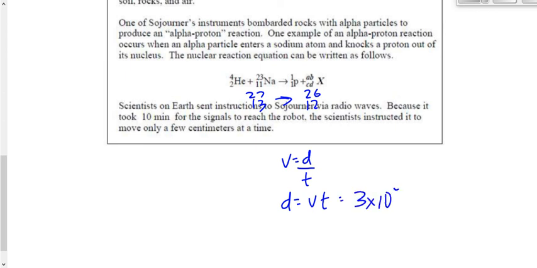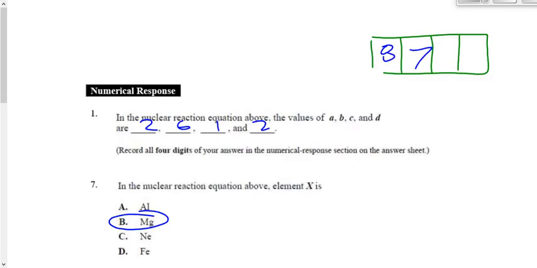Our speed of the wave is 3 times 10 to the 8 meters per second, regardless of whether it's radio waves or gamma rays or visible light, in a vacuum, times 600 seconds, because of course we want seconds, not minutes. 3 times 6 is 18. So we get 1.8 times 10 to the 11 meters, which we would express here as 1.8 times 10 to the 11 meters.